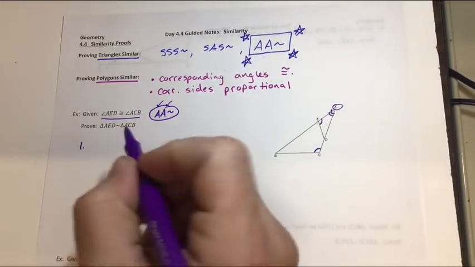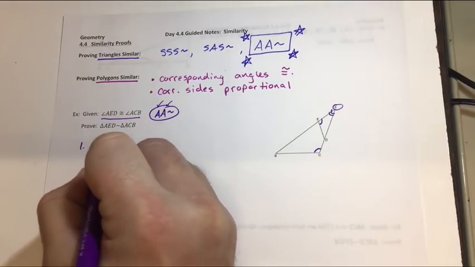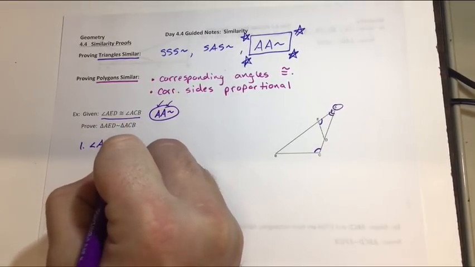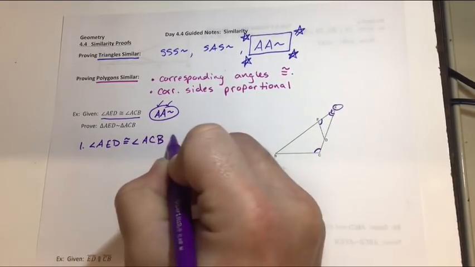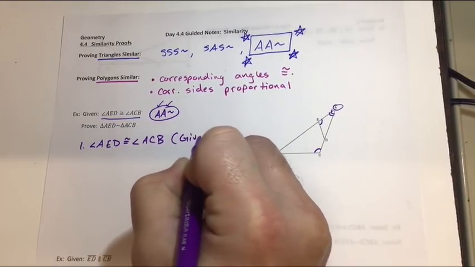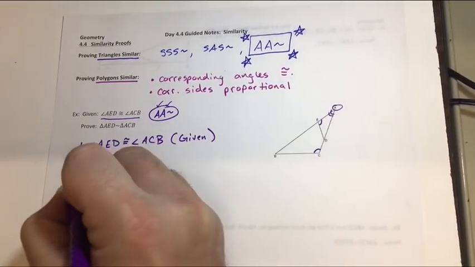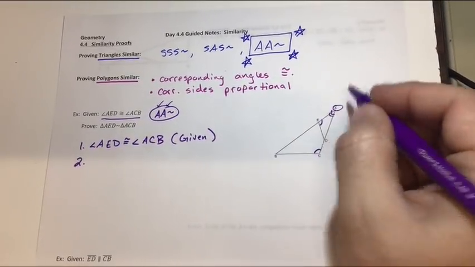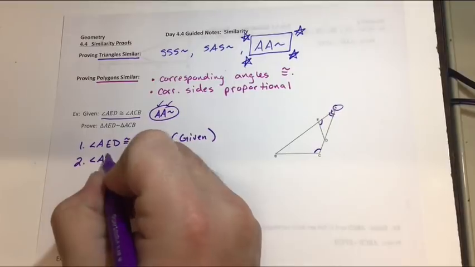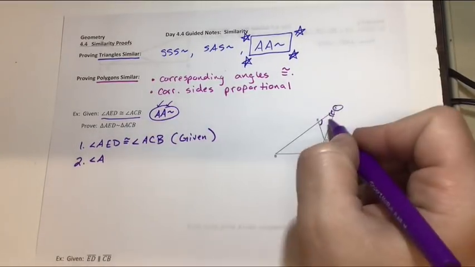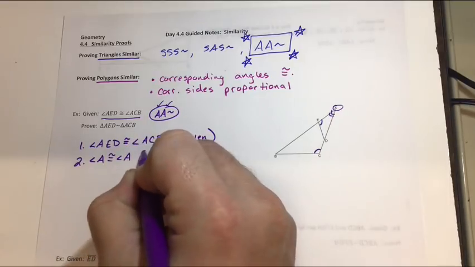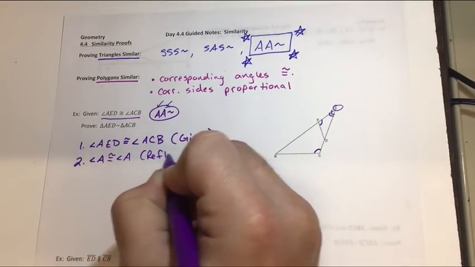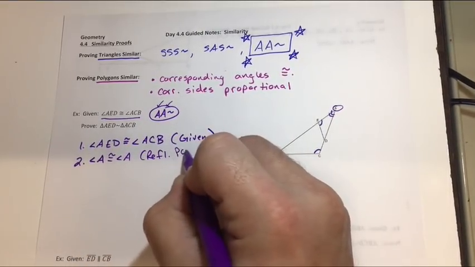We start off with our given statement. Angle AED is congruent to angle ACB because it's given. Then we can use the vertical angles that angle A, I'm sorry, not vertical angles, reflexive property. Angle A is congruent to itself. See, I even said the wrong thing, but that's the reflexive property of congruence.